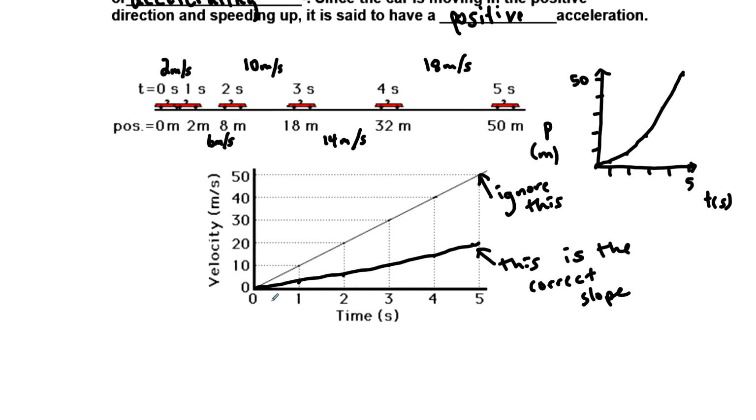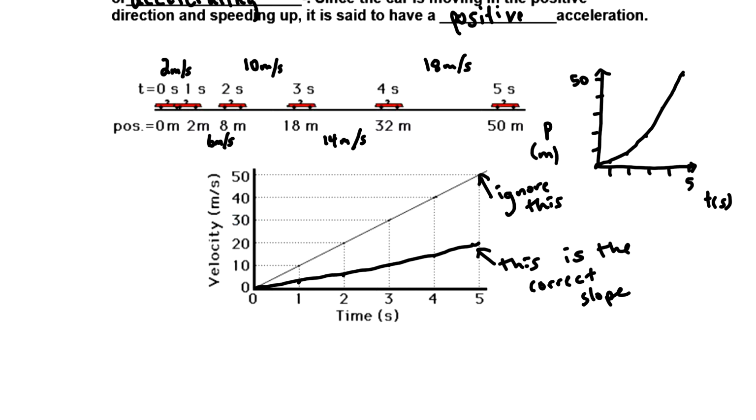Okay, so when we show the velocity, you can see we start at a velocity of 0, which would mean not moving. Then we go to 2, then we go to 6. So we're getting faster and faster and faster as time goes on. We're moving away from 0 or the x-axis. So we're sloping up and we're getting faster and faster. So we have a positive slope because we have a positive acceleration.